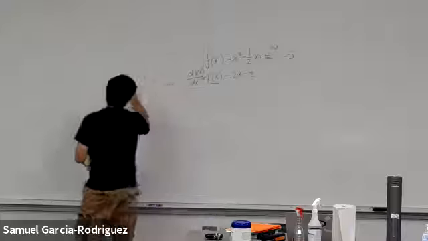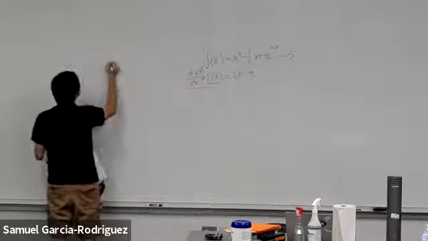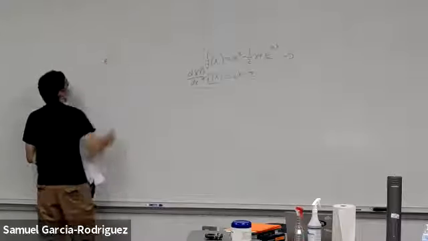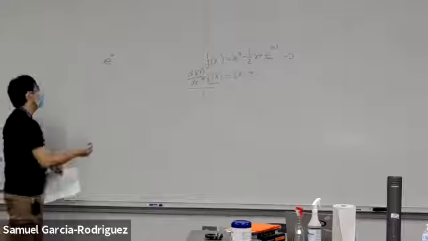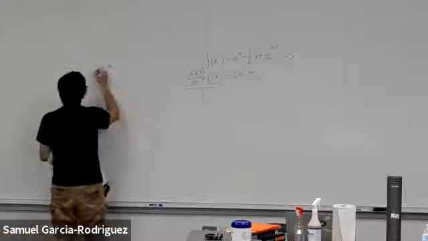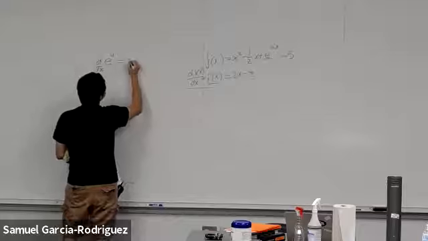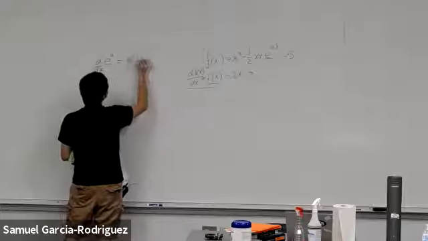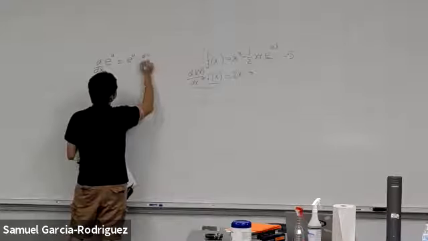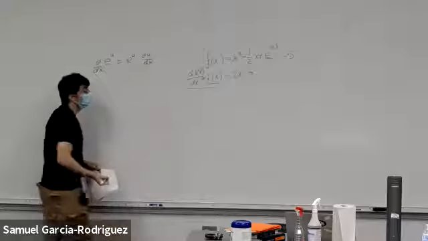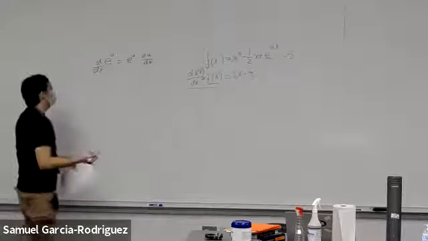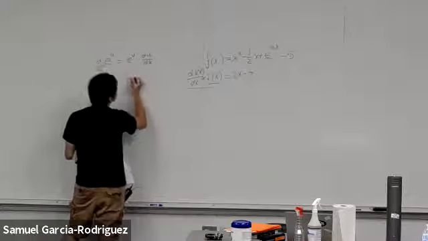So I'm going to call 1/2 x u. The derivative of e to the u is e to the u times the derivative of u with respect to x, in our case. So u is 1/2 x.